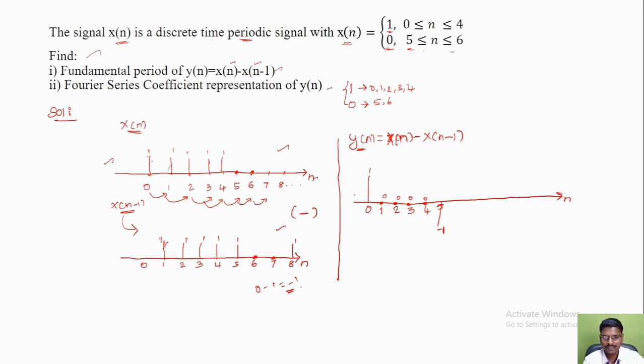The x of n sixth sample is 0 and the x of n minus 1 sample is also 0, so 0 minus 0 I will get 0 for the sixth. The given signal is a periodic signal, so the given samples are from 0 to 6, and the next interval will repeat from sample 7.